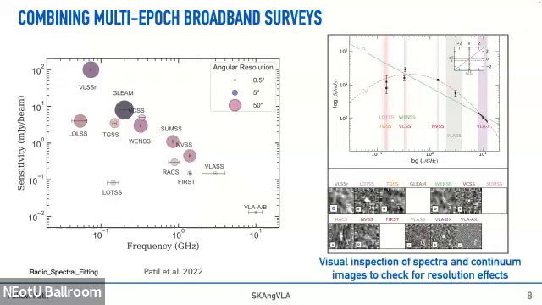And this is where I'm just highlighting some of the work that I have done for heavily obscured quasars. Basically you can take advantage of all of the radio surveys that are available now and that will be available in future to construct a radio spectra, just to pick out some interesting sources and get a better handle without having to request a full multi-frequency imaging to characterize the spectra.